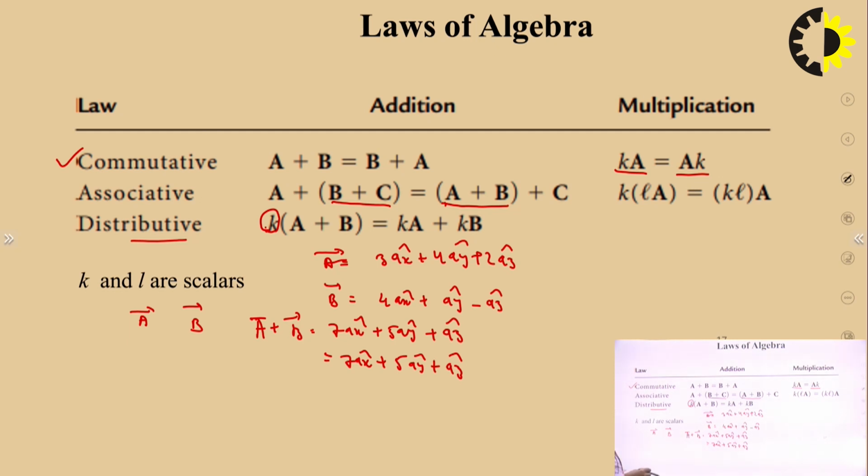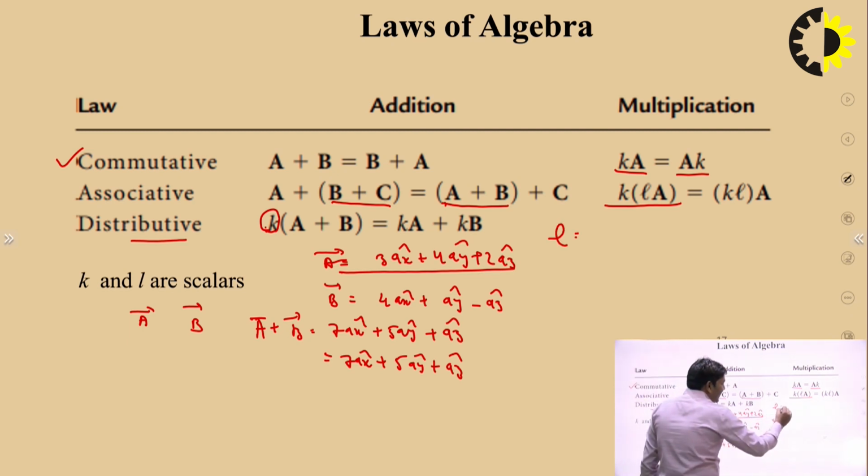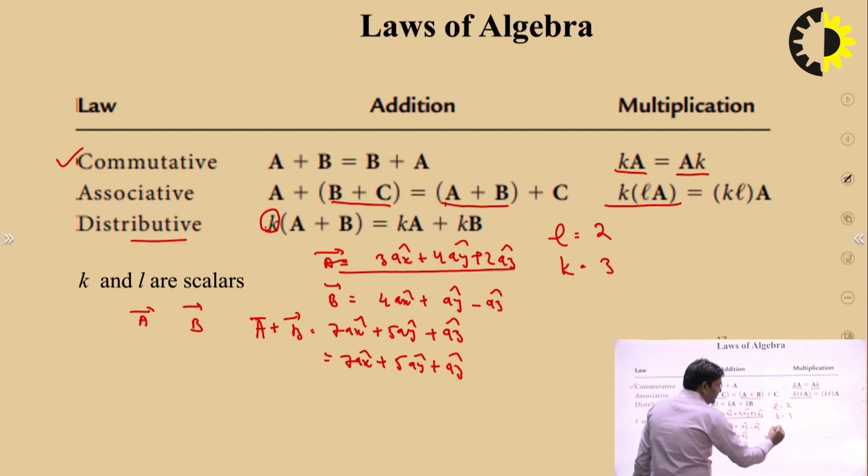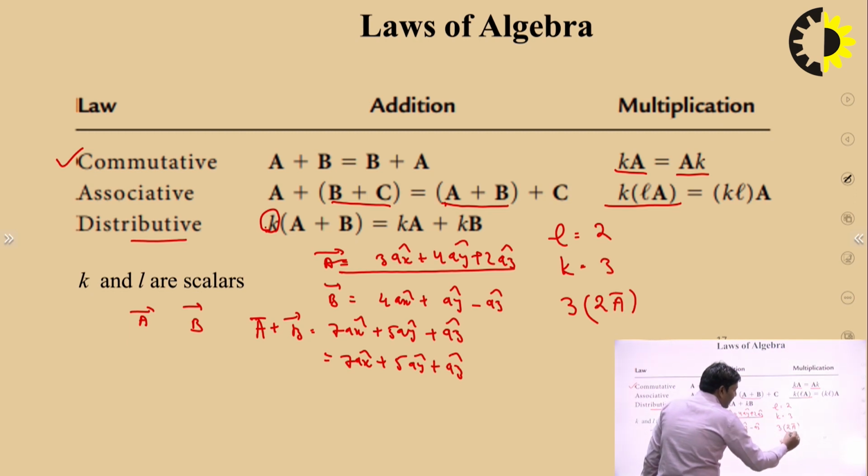And the associative law also holds: k l A. If vector A is defined by 3ax plus 4ay plus 2az, and l is a scalar quantity equal to 2 and k is 3, then k into l into A is 3 into 2 into A, that means 6A.